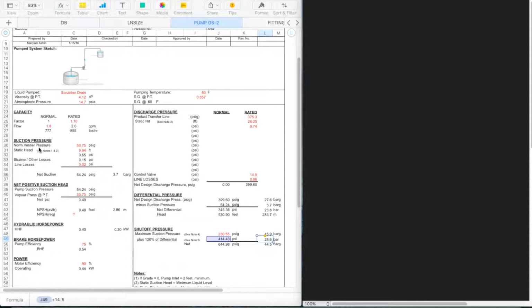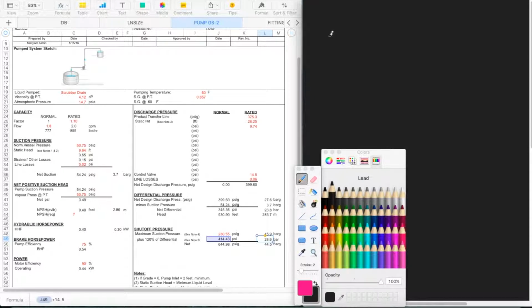So to calculate suction pressure, first we want to know how to calculate it. There are given values such as normal vessel pressure and static head. If we assume that this is our tank and this is the inlet of the suction line of the pump, we know that this tank has a normal pressure.